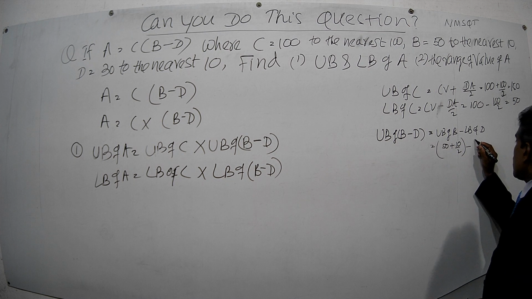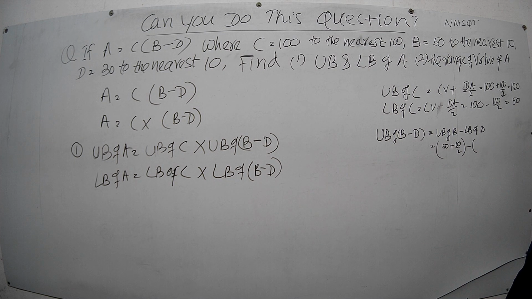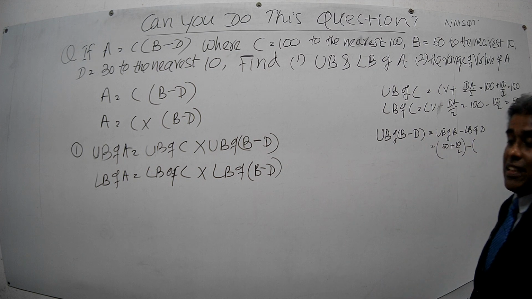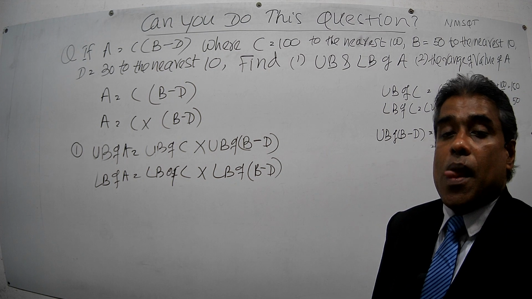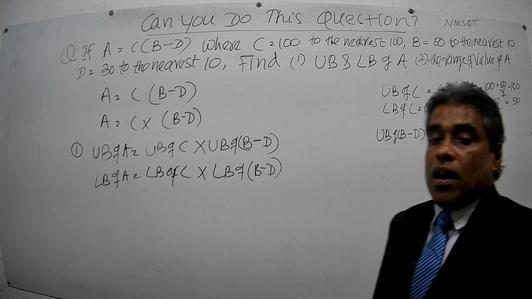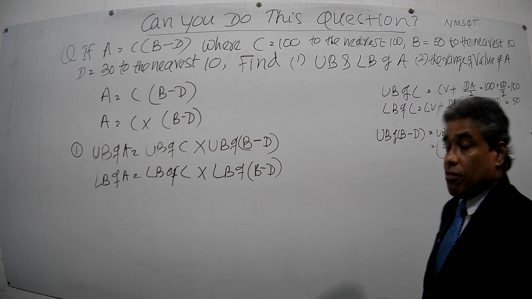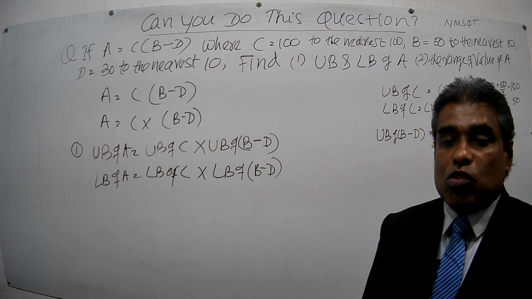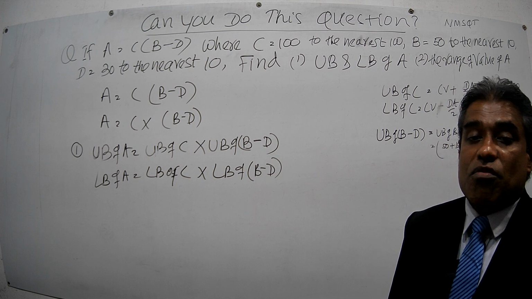Then you find the lower bound of D. How do you find it? That is again the lower bound of a single corrected value. What is the formula? That's the very general formula that we have studied: lower bound of a single corrected value equals corrected value minus degree of accuracy over 2, right?